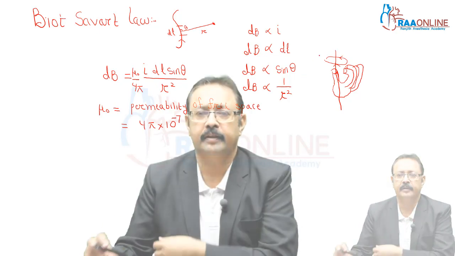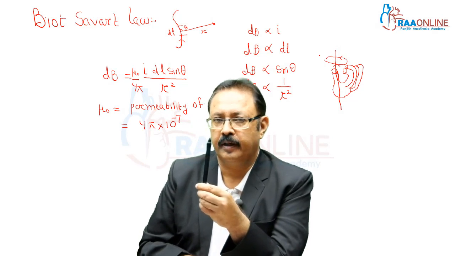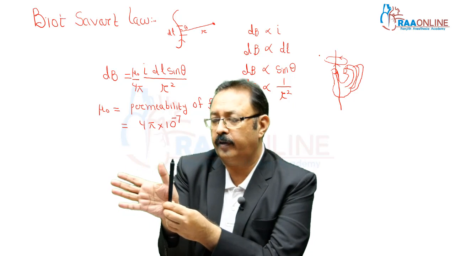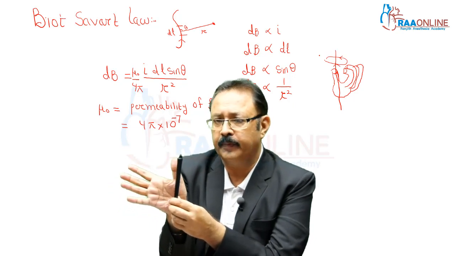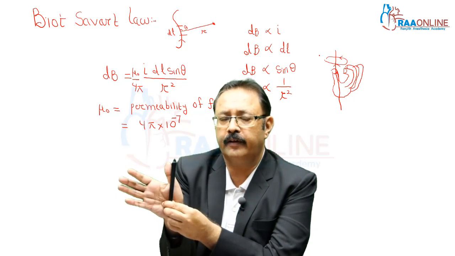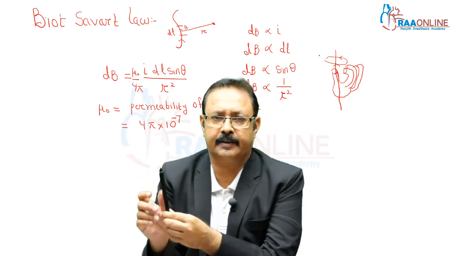Getting my point? This is the picture. Put your right hand thumb in the direction of current. Curl your fingers, it will give you the direction of magnetic lines.